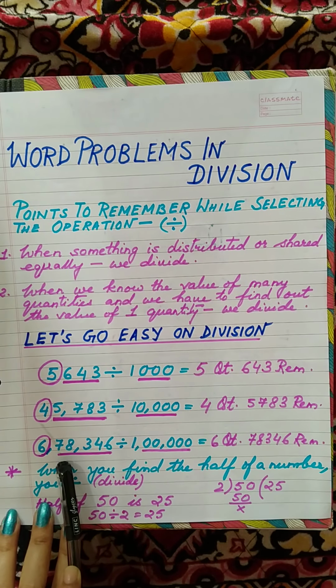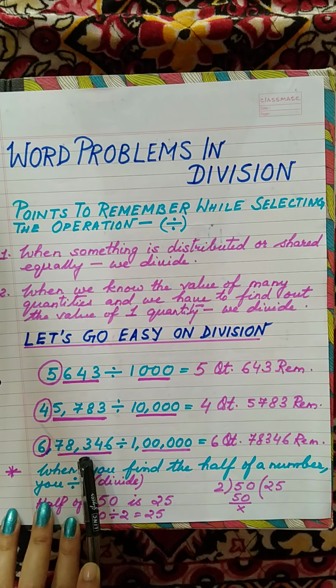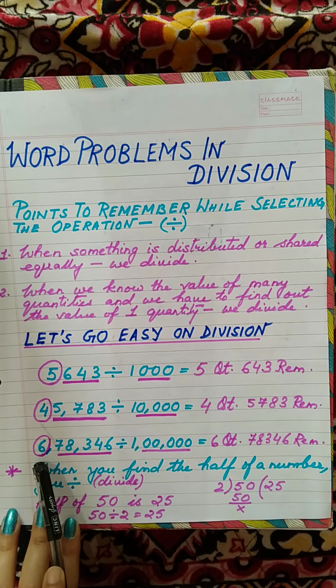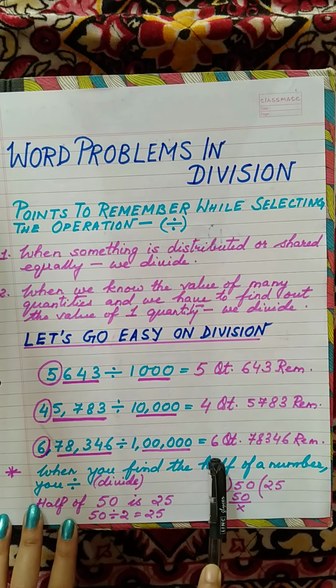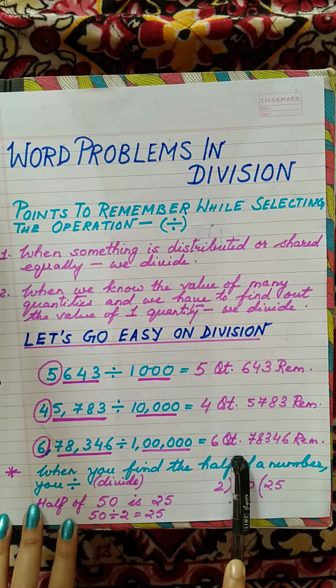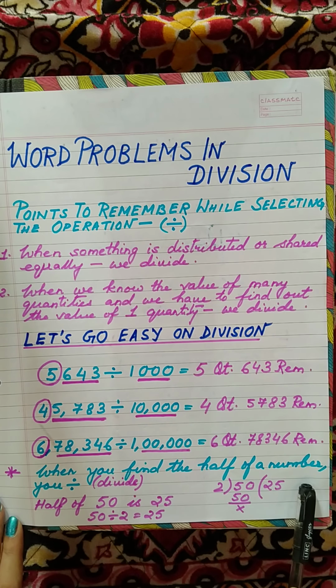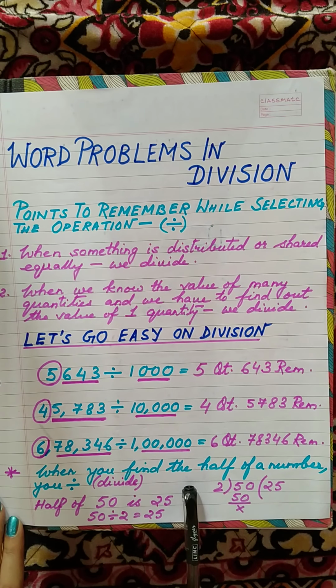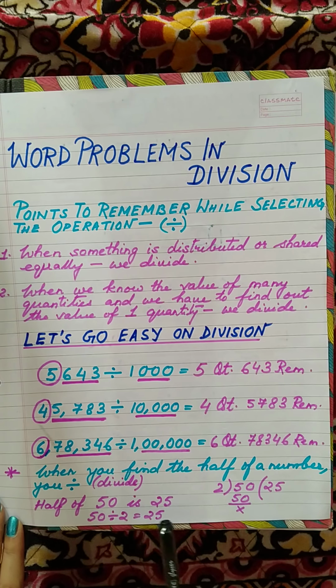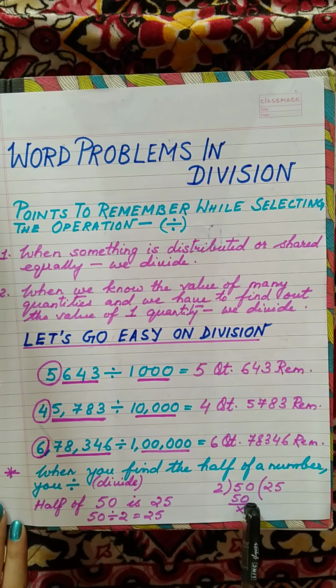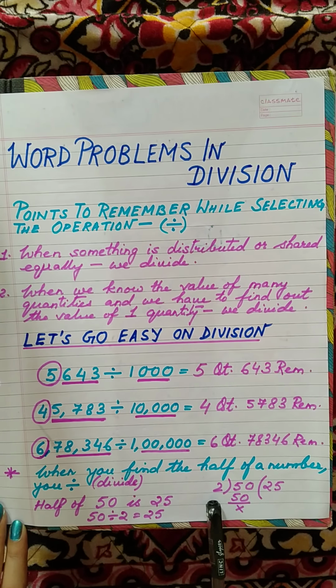So we underline the last 5 digits, which becomes the remainder, and the left out digit is 6, which is the quotient. We have to remember that when we half a number, we divide it by 2. Half of 50 is 25. That means we divide 50 by 2 to get 25.